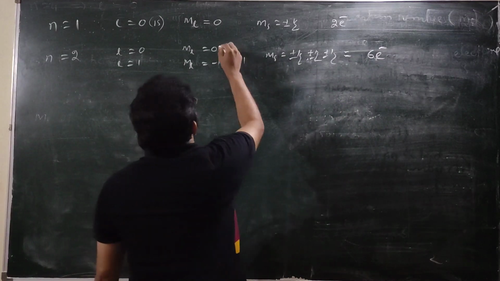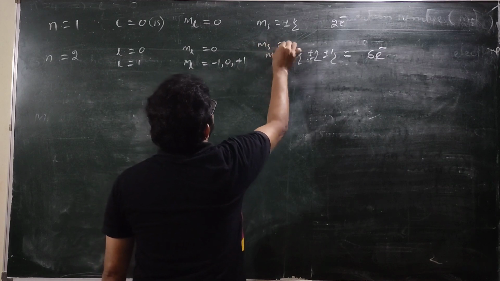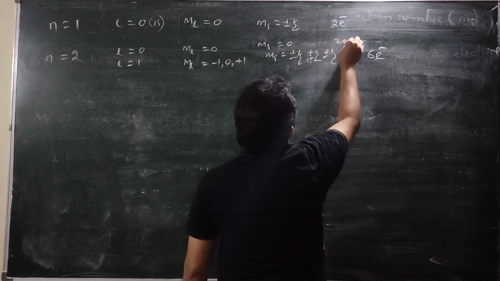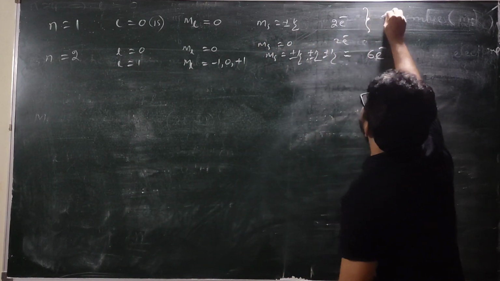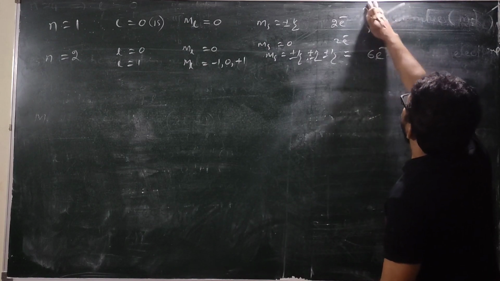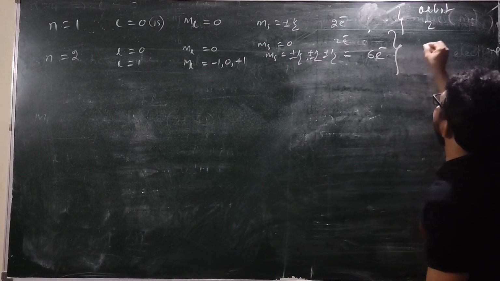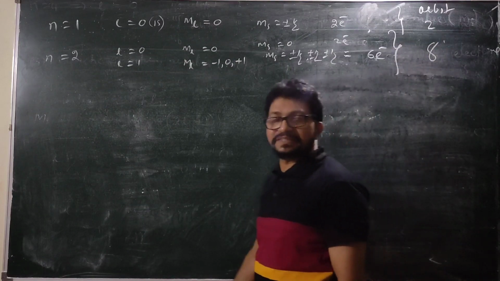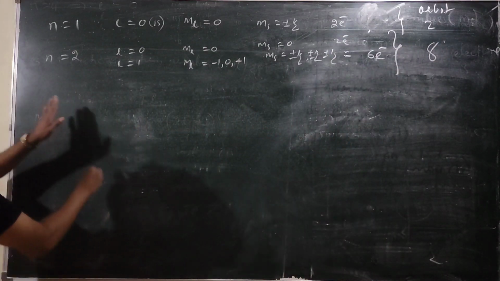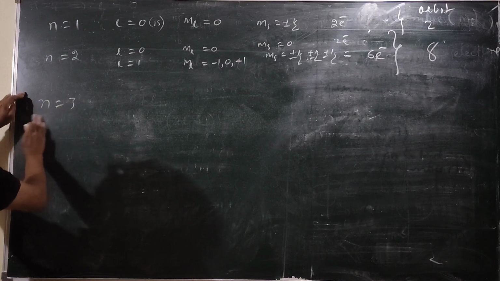And here ml is 0, with 2 electrons. How many total? 2 plus 6, that is 8. Is it correct?